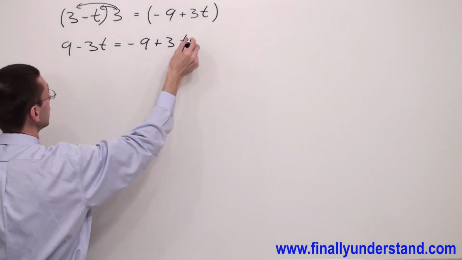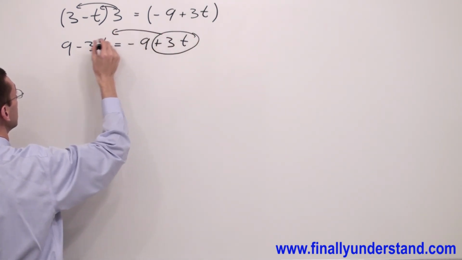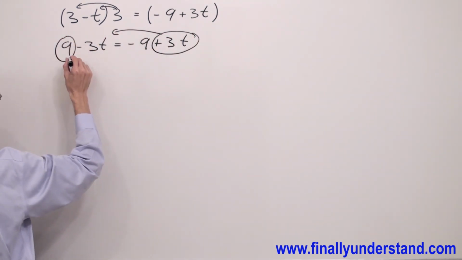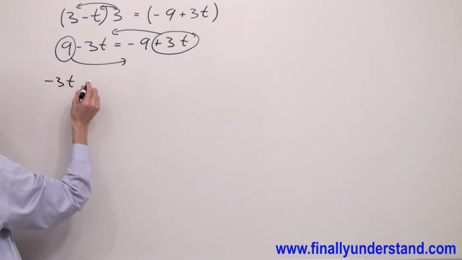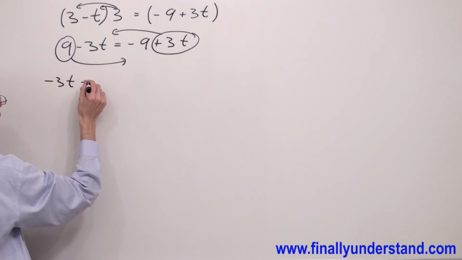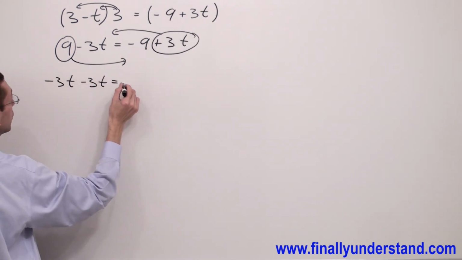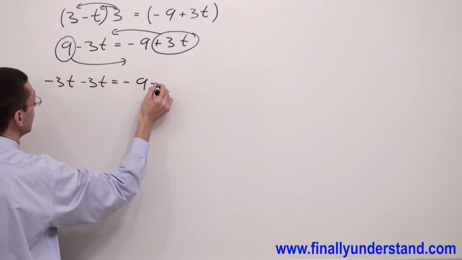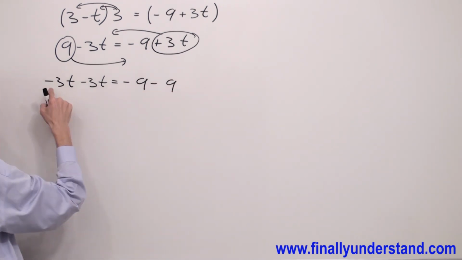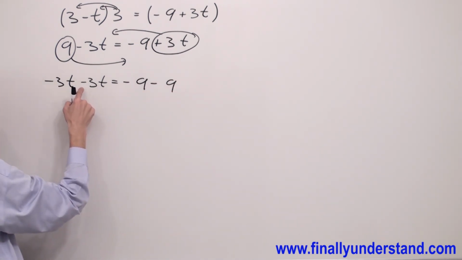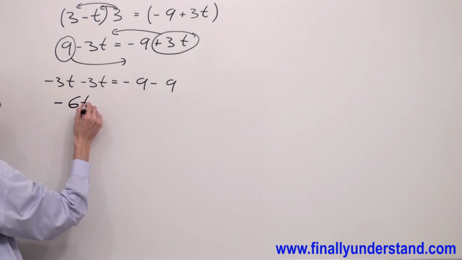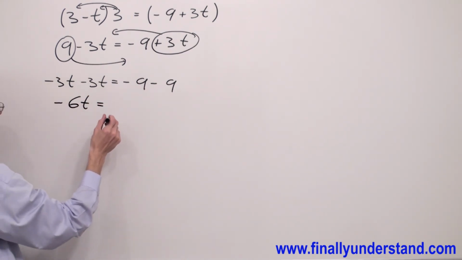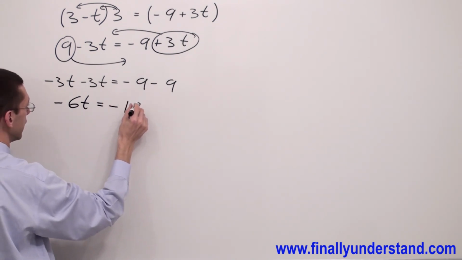I'm going to bring this positive 3t to the left side and 9 to the right side. And I'm going to have minus 3t minus 3t equals negative 9 minus 9. Negative 3t minus 3t gives me negative 6t equals negative 18.